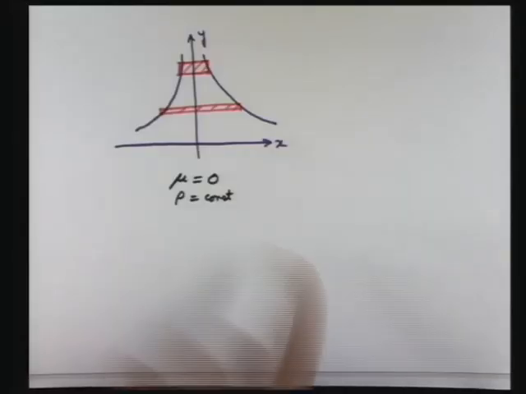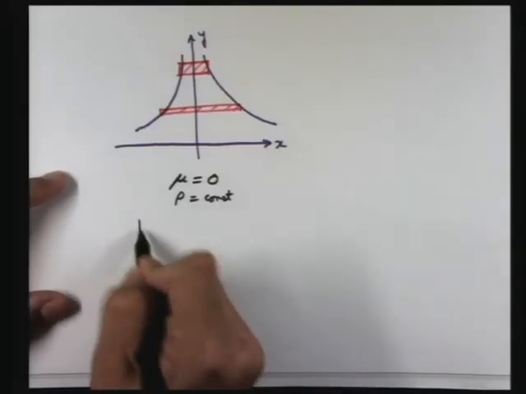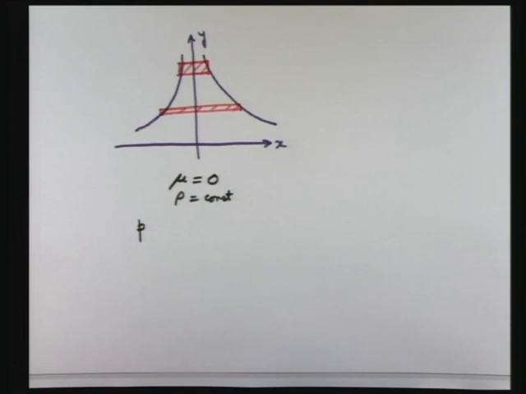That means we can safely apply for constant density the Bernoulli's equation between any 2 points 1 and 2. To find out the pressure difference between 2 points 1 and 2, we can simply use Bernoulli's equation no matter the points 1 and 2 are located on the same streamline or not.